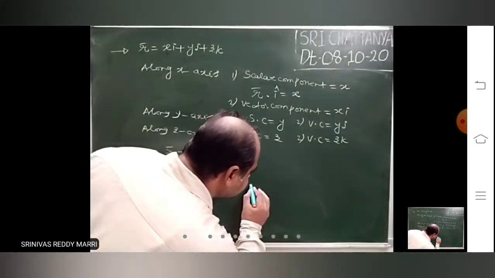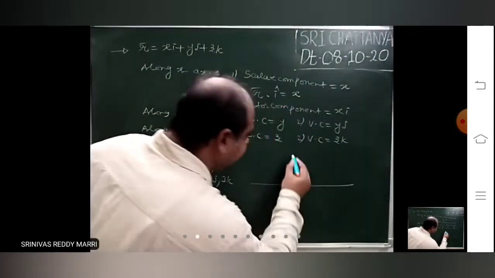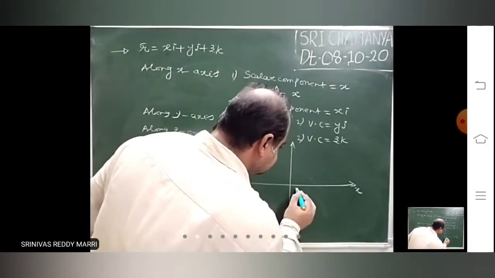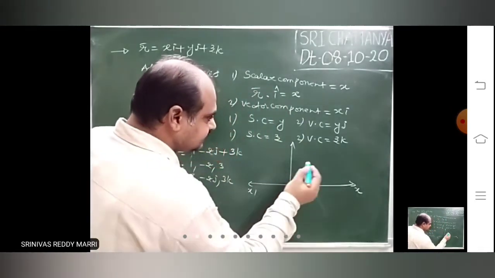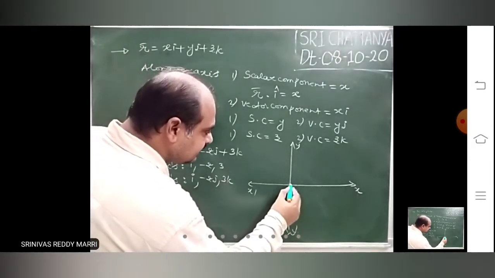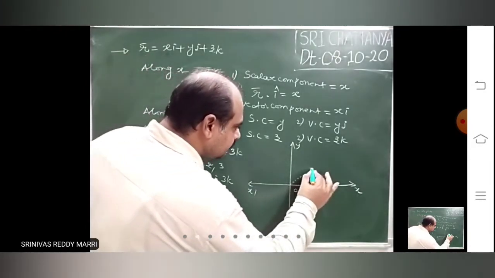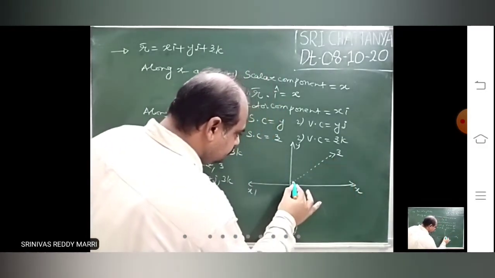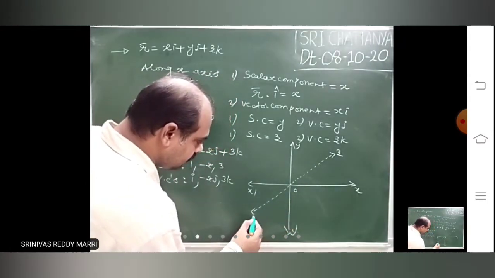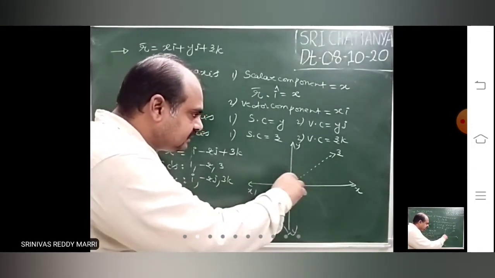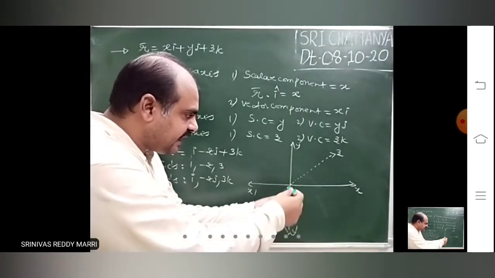Actually, how the vector will be, I will show you. I have told how the coordinate axes will be. X dash, X, Y, O, Y dash, and another axis will be there, the Z axis, and Z dash. I have told this XY plane is your paper on which you are writing.